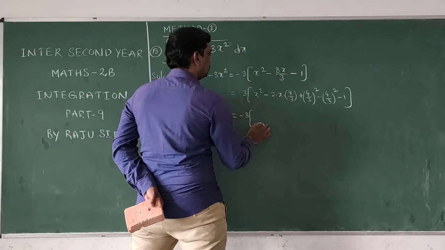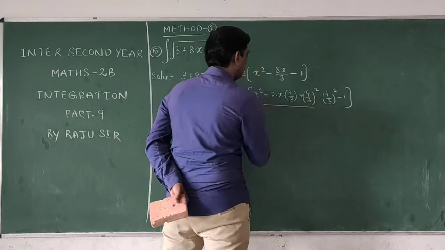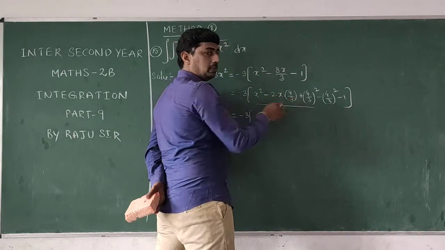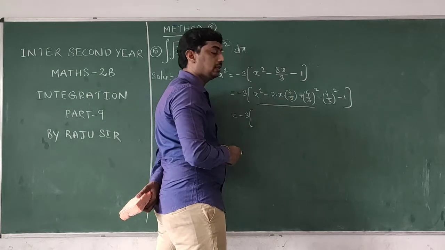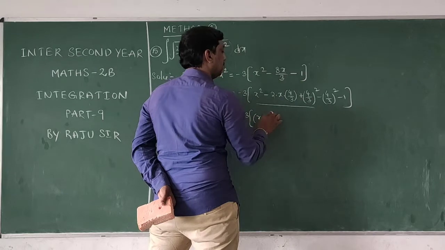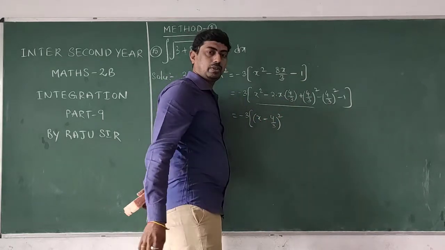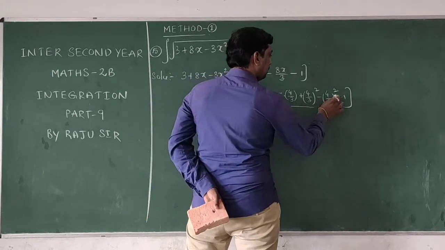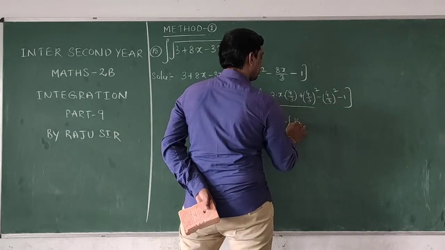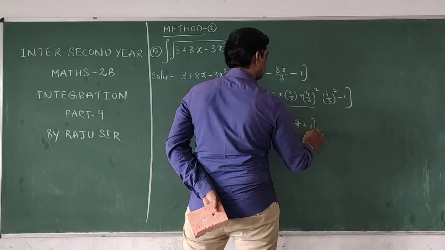Minus 3 into, now these first three terms are in the form of a square minus 2ab plus b square, so they can be written as a minus b whole square: x minus 4 by 3 whole square. In the other two terms, negative is common. 4 by 3 whole square means 16 by 9. Minus is common, remaining term plus 1.